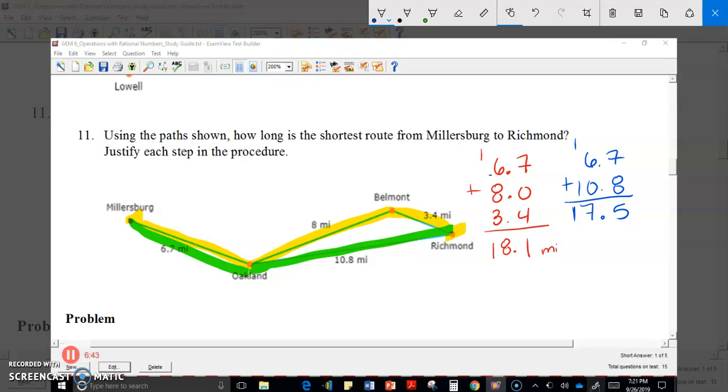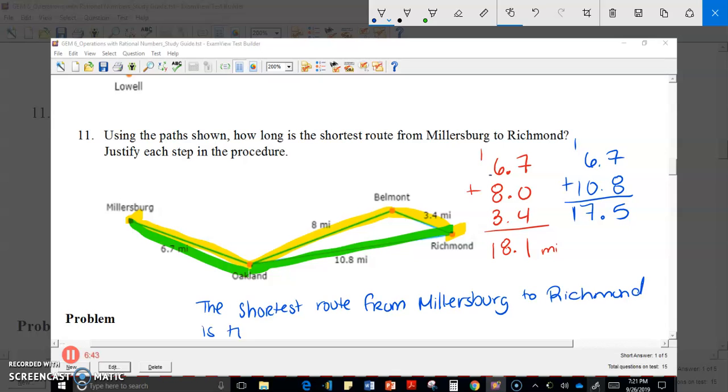So in order to answer this question, I will write down: the shortest route from Millersburg to Richmond is to pass through Oakland and then go to Richmond.